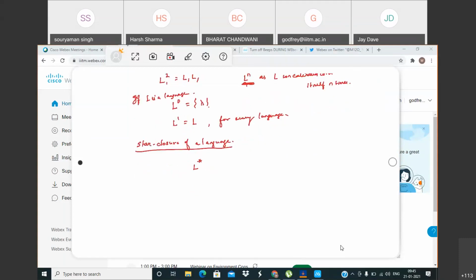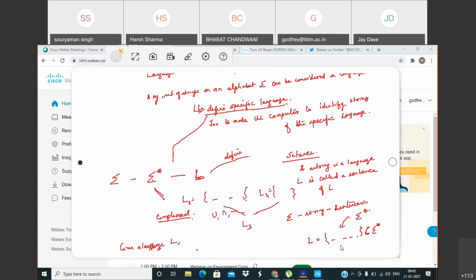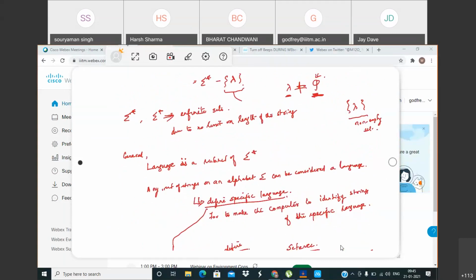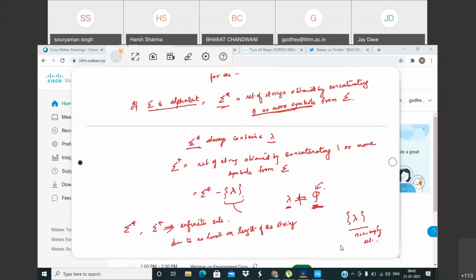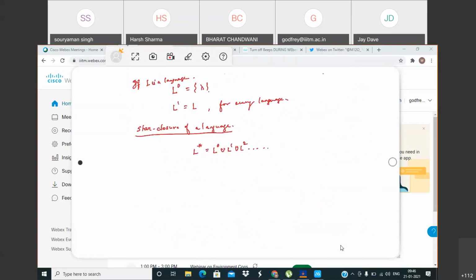Then L power star is equal to L power 0 union L power 1 union L power 2, and so on. Like we defined sigma star earlier, which is the set of strings obtained by concatenating zero or more symbols from sigma, similarly we now use it to define the star closure of a language.